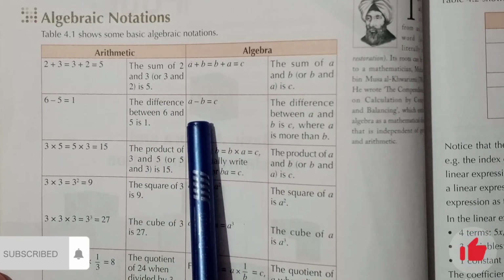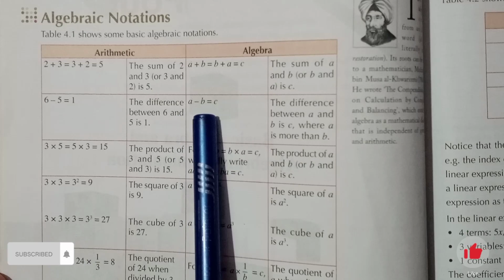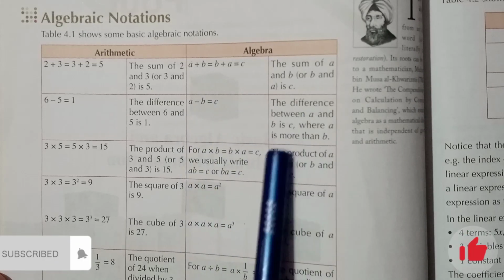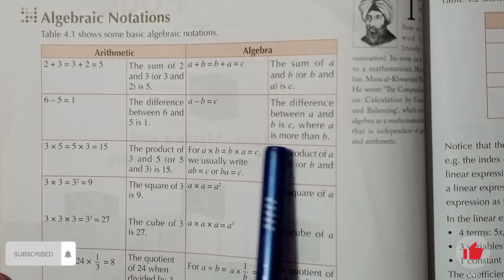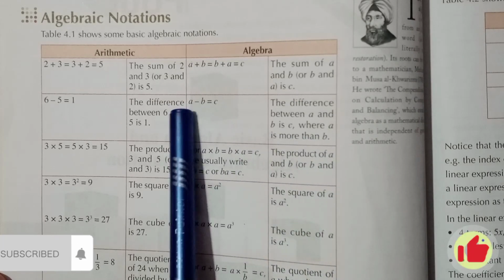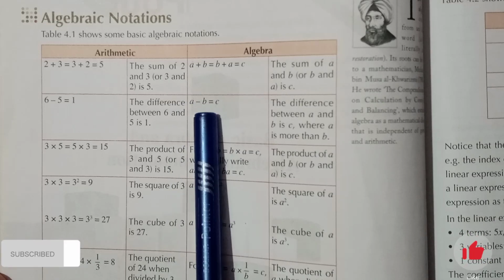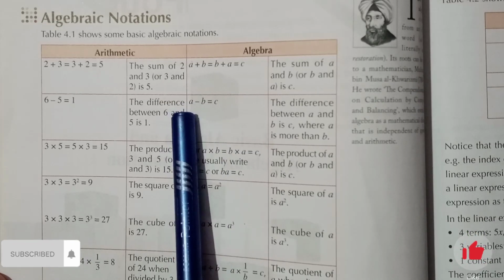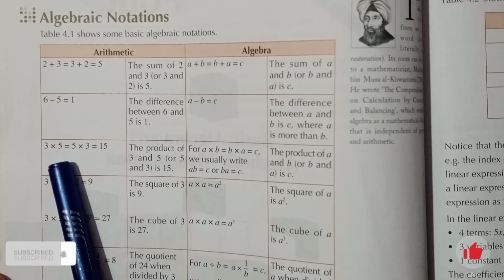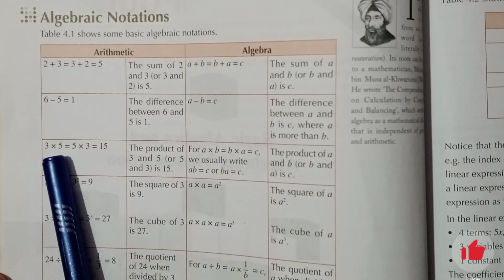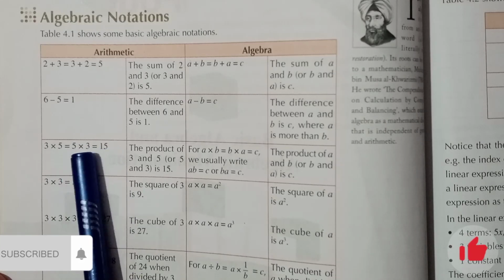In algebra, we use the variables a minus b. The difference of a minus b is equal to c, where a is more than b. A is bigger than b, so we can easily subtract b from a. The answer is c.